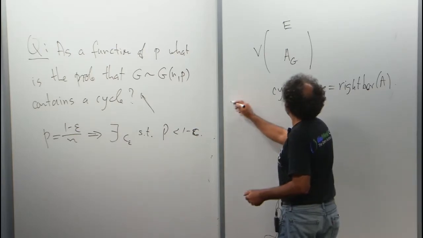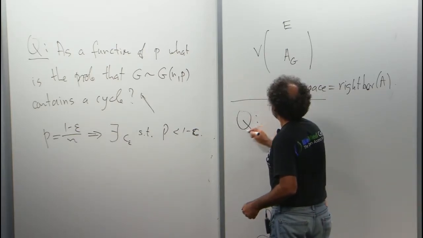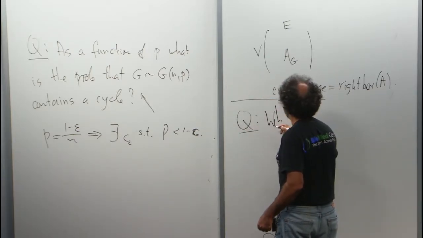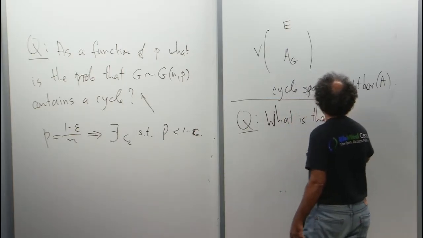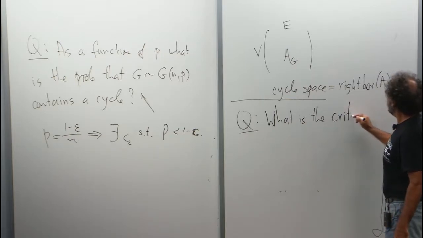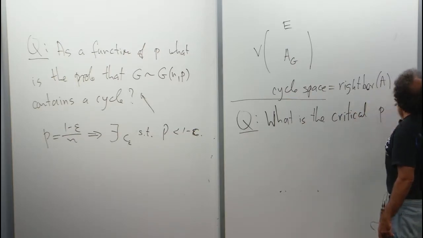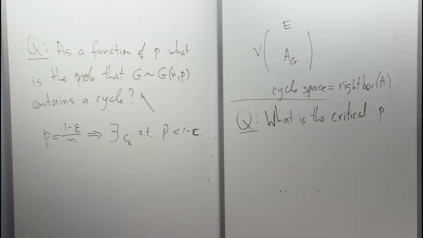So this suggests the following question. Again, I will formulate it just at d equals 2. What is the critical p? By the way, this model we call in general X(d, n, p). So d equals 1 is exactly G(n,p).